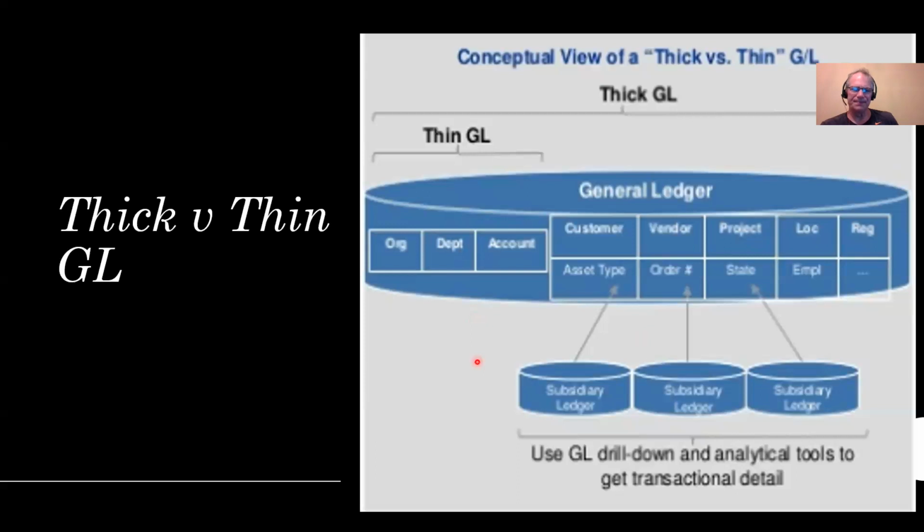If, for instance, in your implementation, you use Oracle Projects, it's probably best to go with a thin GL, because the Oracle project portfolio will have excellent business intelligence, very good reports. So the thick is not necessary in that case.